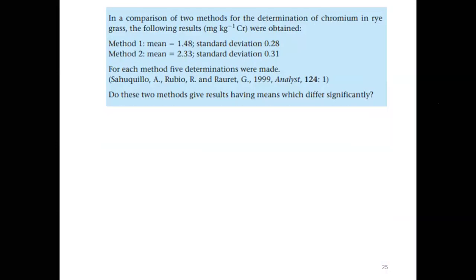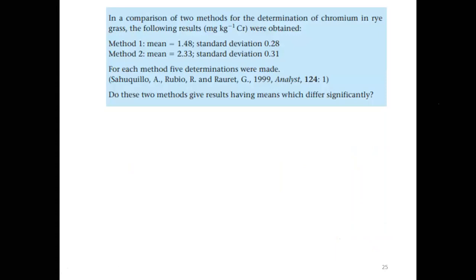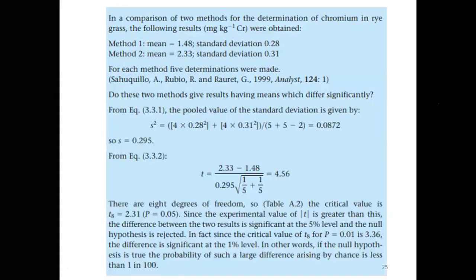Let's go. It's here. In the t table, find where the degree of freedom is 8 at 95% confidence. It is 2.31. So the critical value is 2.31.